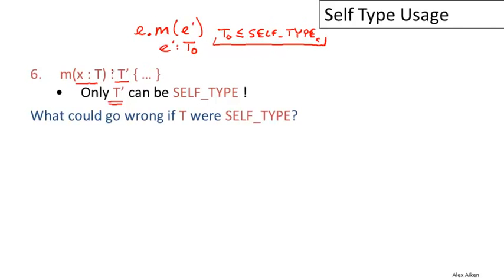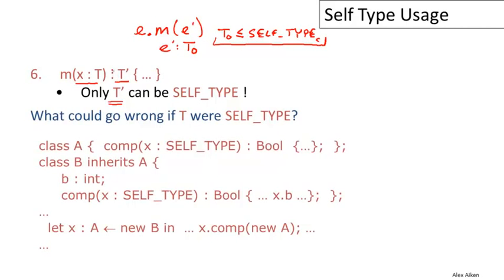But it's also helpful to think about executing some example code and see what can go wrong. Let me walk you through what happens if we allow a parameter to have type self-type in this example. There are two class definitions. Class A has a method comp, for comparison, and it takes one argument of type self-type, and it returns a bool.